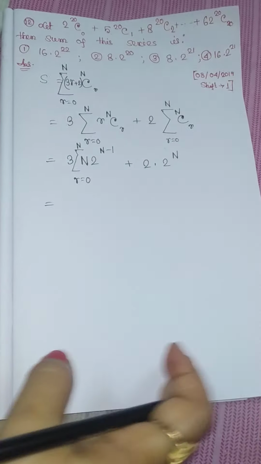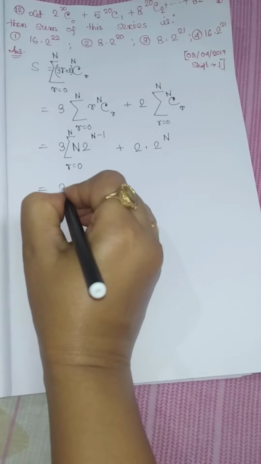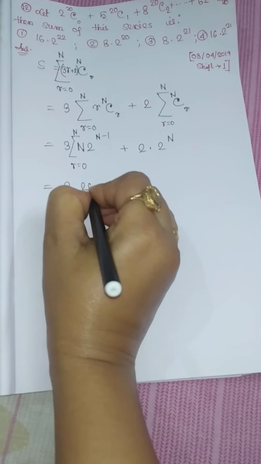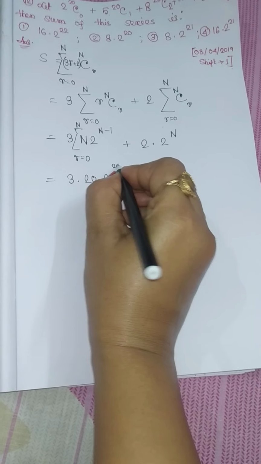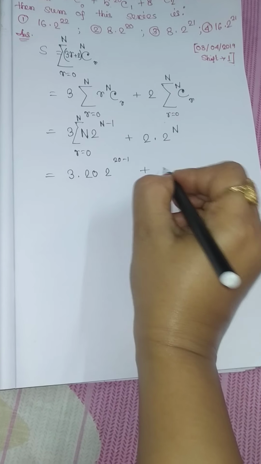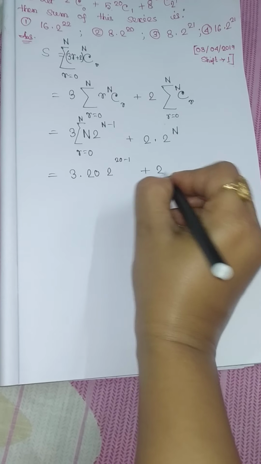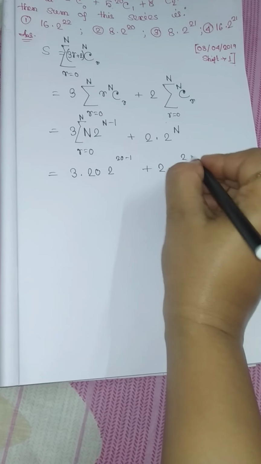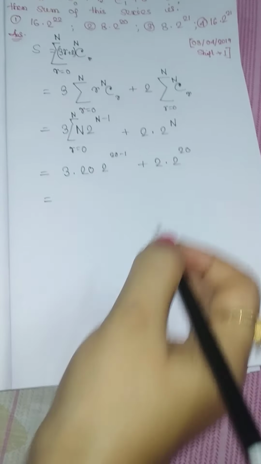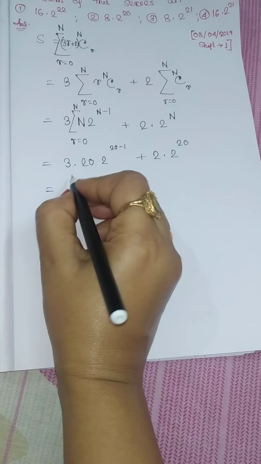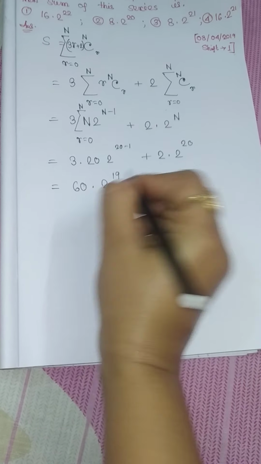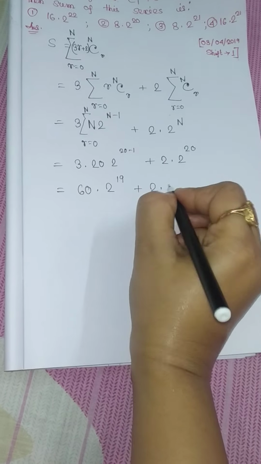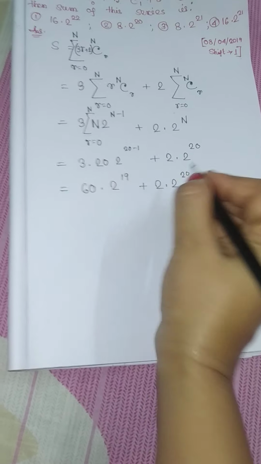Therefore, this becomes 3, N is equal to 20, and it is 2 to the power 20 minus 1, and it is 2 into 2 to the power 20. Therefore, it becomes 60 into 2 to the power 19 plus 2 into 2 to the power 20.